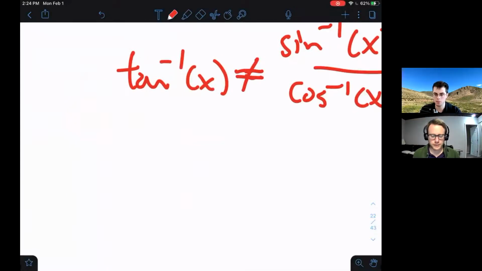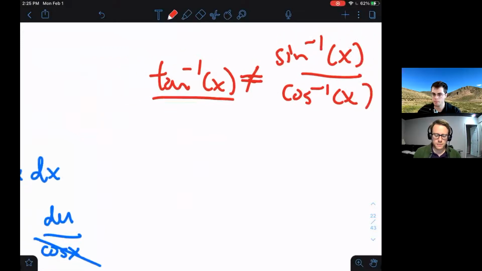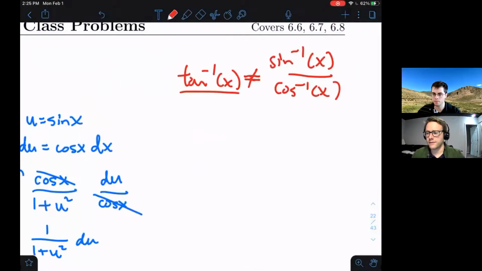In particular, the domains are quite significantly different. Tangent inverse makes sense across all real numbers, while sine inverse and cosine inverse have restrictions. Sine inverse and cosine inverse only exist between -1 and 1. So that's one quick way to convince yourself that this would not be equal.